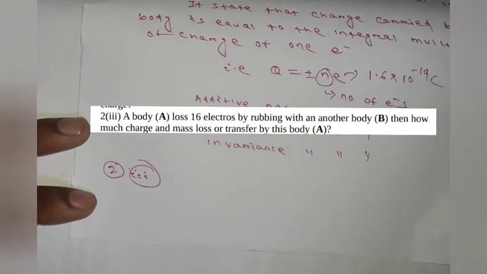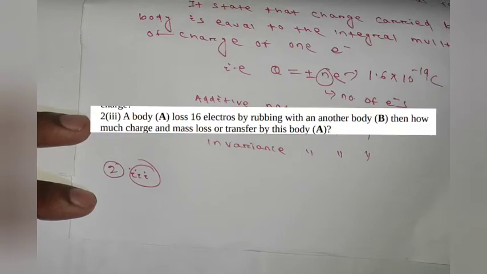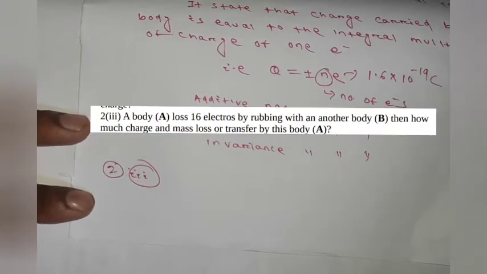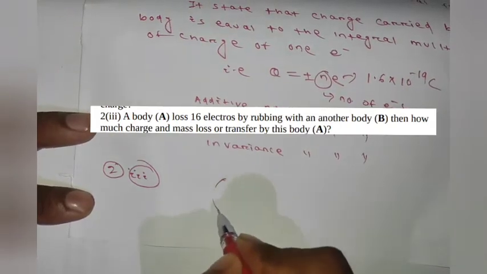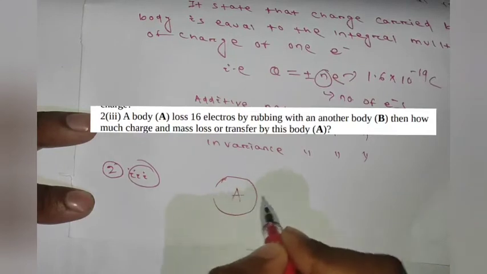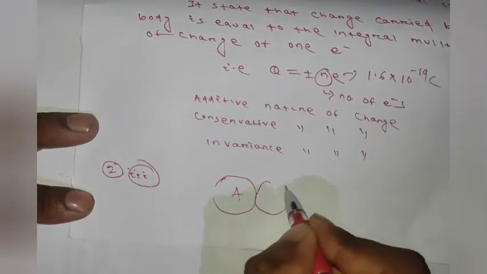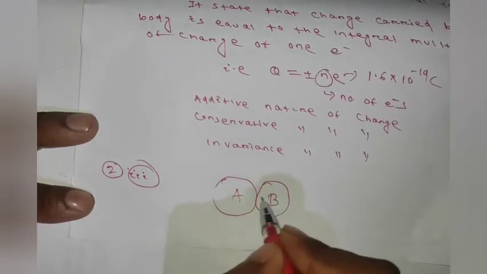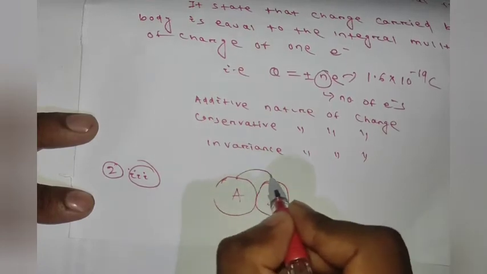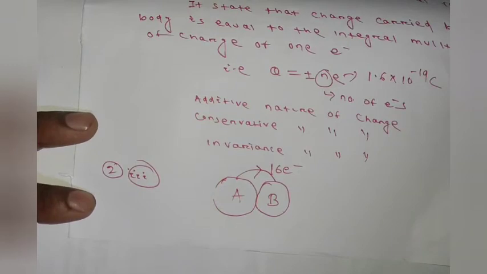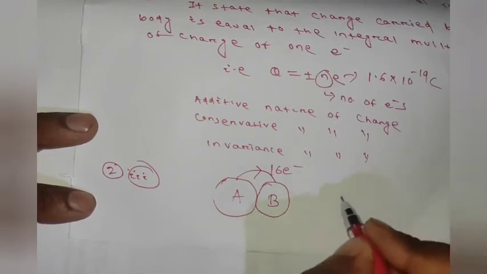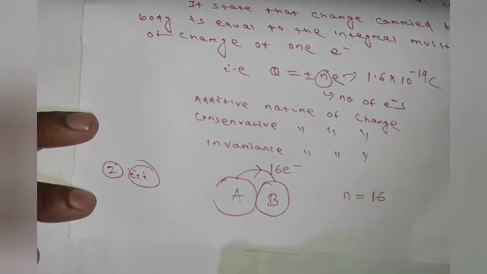A body A lost 60 electrons by rubbing with another body B. Then how much charge and mass is lost or transferred by this body A? So in the question, a body A is rubbed with another body B. After rubbing, from body A 16 electrons are transferred to body B. So N is what? 16.